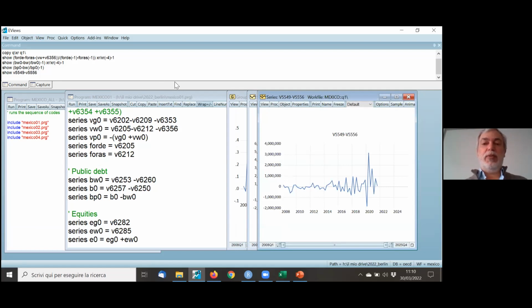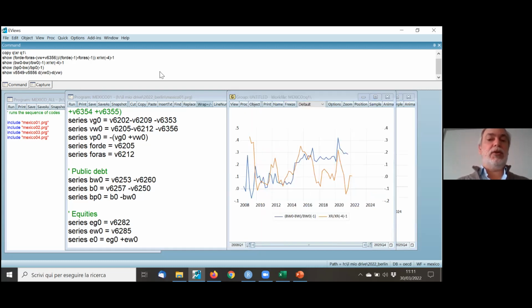So this is what they report as the net capital gains on foreign wealth, and this is what we have as the difference between, should be the difference between the change in the stock at current prices less the change in the stock at constant prices.